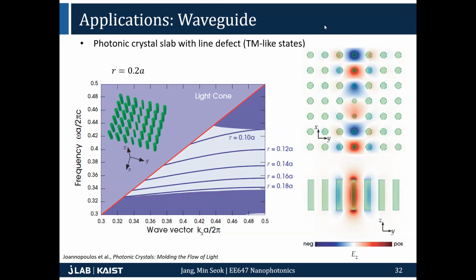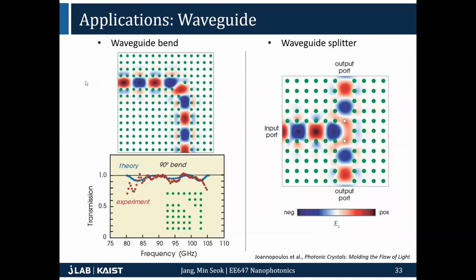So this is a waveguide application, and because this bulk photonic crystal region doesn't allow any wave propagation inside, this waveguide created by a line defect works surprisingly well.